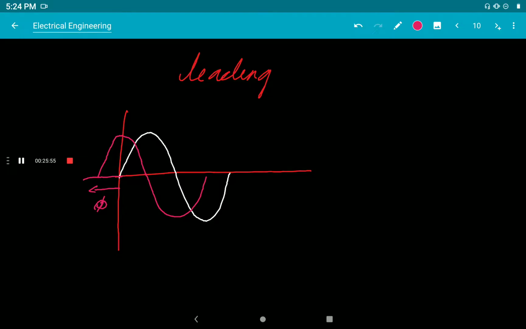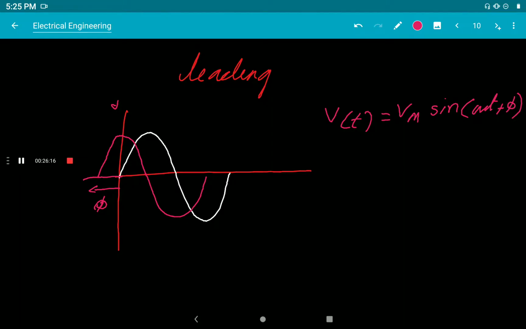How can we represent it in an equation? V of t, this is our waveform voltage. V of t is equal to Vm sine omega t plus phi.